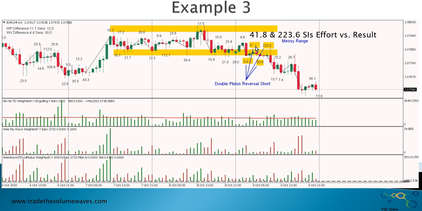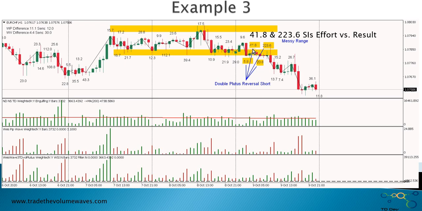That 41.8 and that 223.6 SIs are effort versus result. Price had a very hard time to move up. At the same time, these are forming a Plutus reversal short patterns.